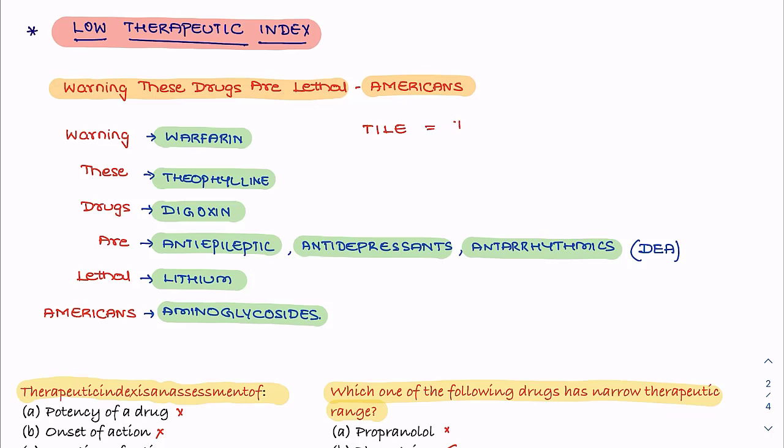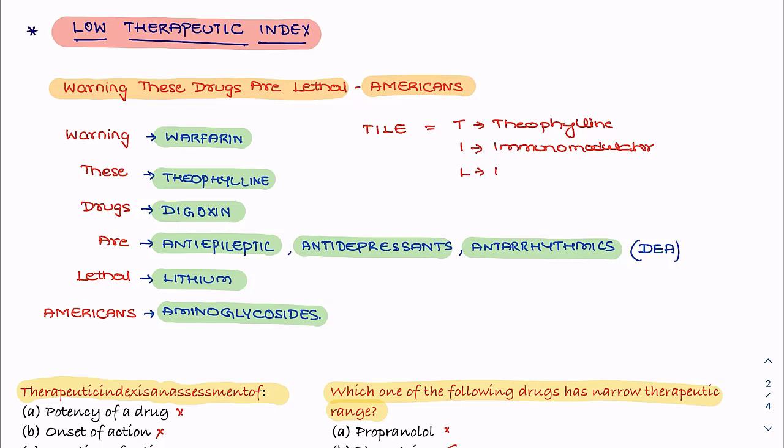T can be represented as theophylline. I can be represented as some of the immunomodulators like cyclosporin, which can have a narrow therapeutic index.